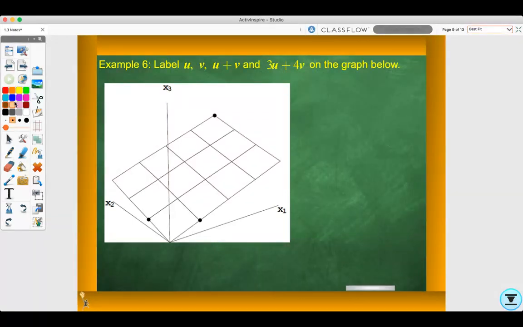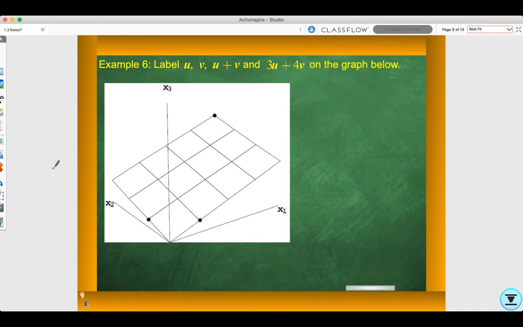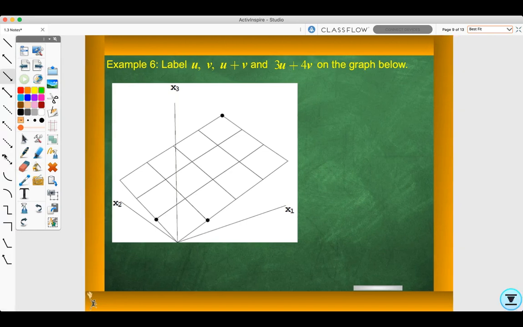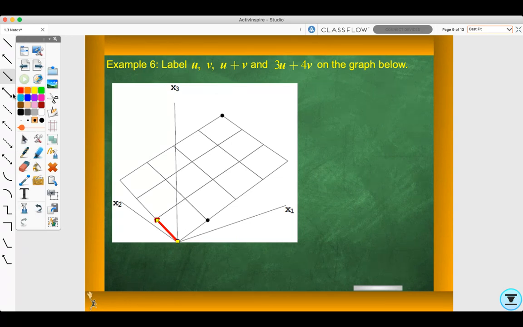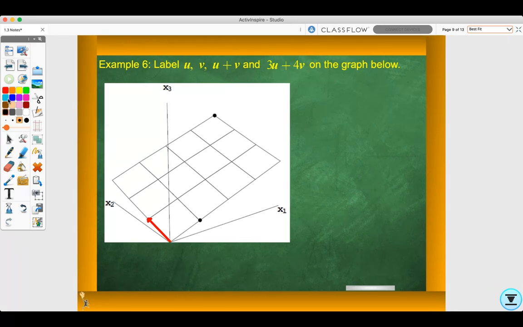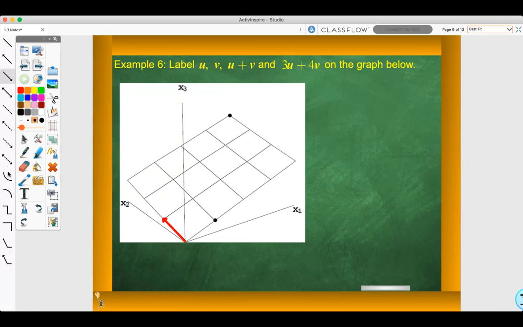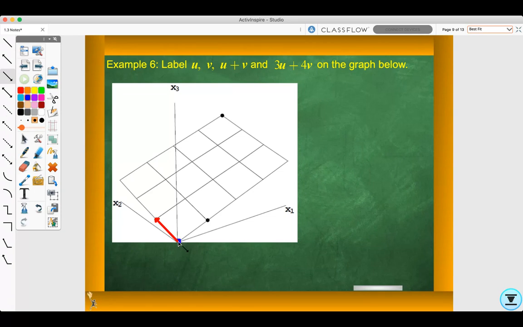Label u, v, u plus v, and 3u plus v on the graph. First, I'm going to label u and v for you. So this is going to be u, and this will be v.